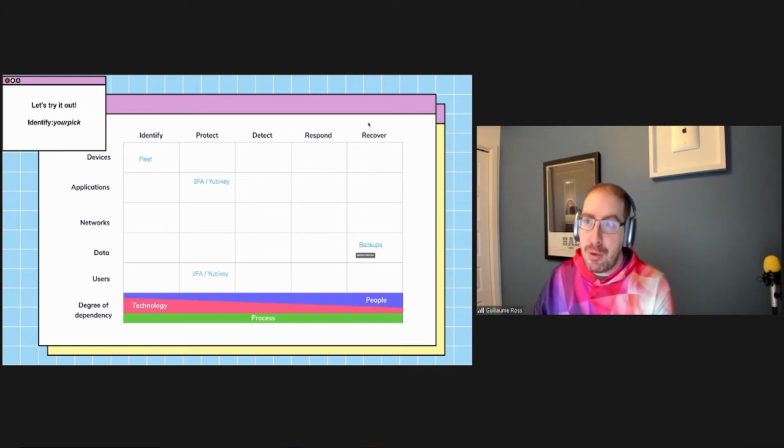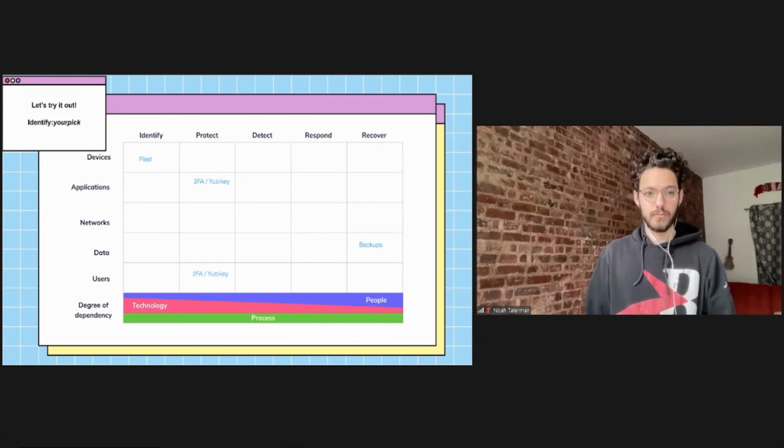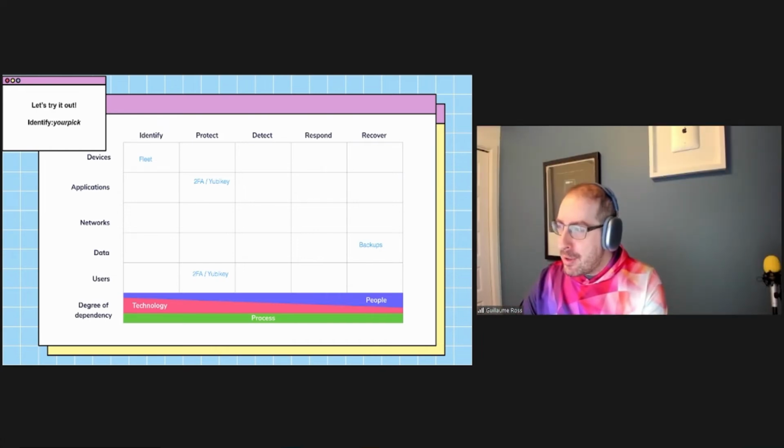But there's very few tools on the right, and there's a lot of them on the left, and that fits in with that concept of there's more technology on the left. That being said, for two-factor, I think we could actually dig into it a little bit more, maybe after the call, because there's a lot of depth to that example.